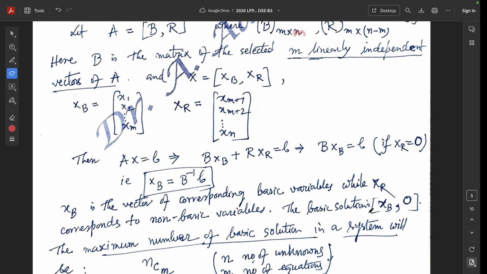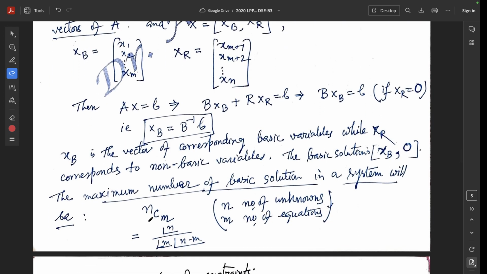The basic solution is XB, O. The maximum number of basic solutions in a system will be nCm, that is factorial n by factorial m into factorial n minus m. N is the number of unknowns and m is the number of equations.